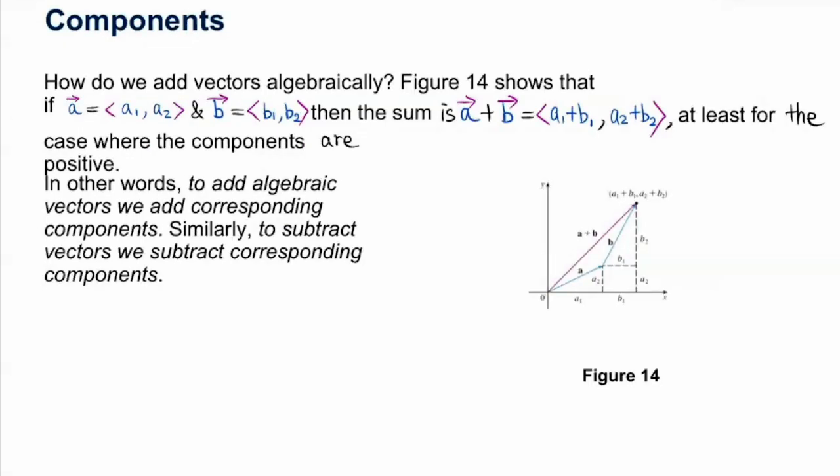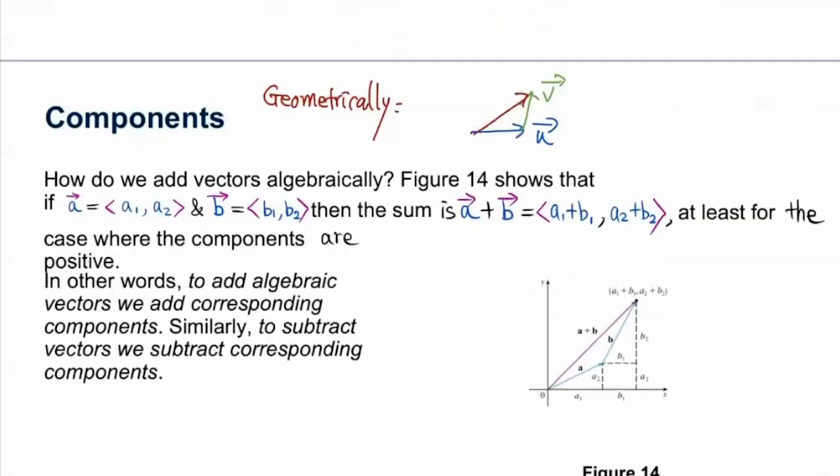How do we add vectors geometrically? We have 2 laws, right? You can have the vector u, and then you have the vector v, and you add them up. One of them is the triangle law. Or you can use what other law?